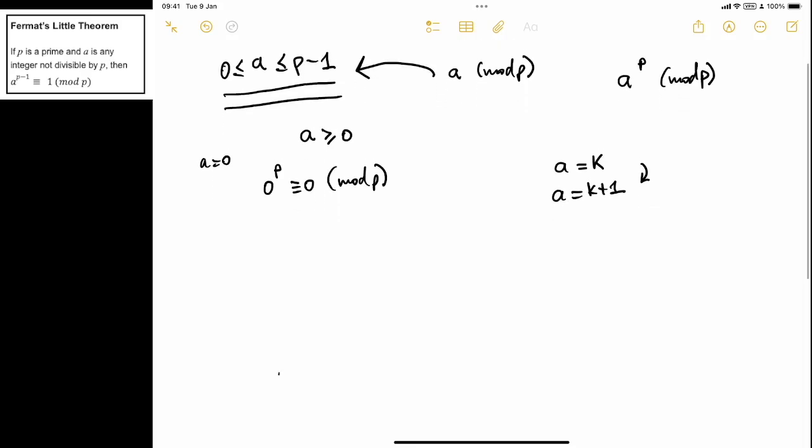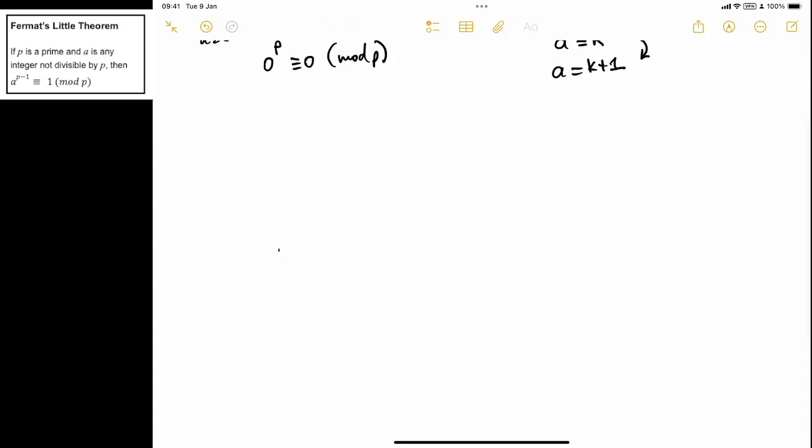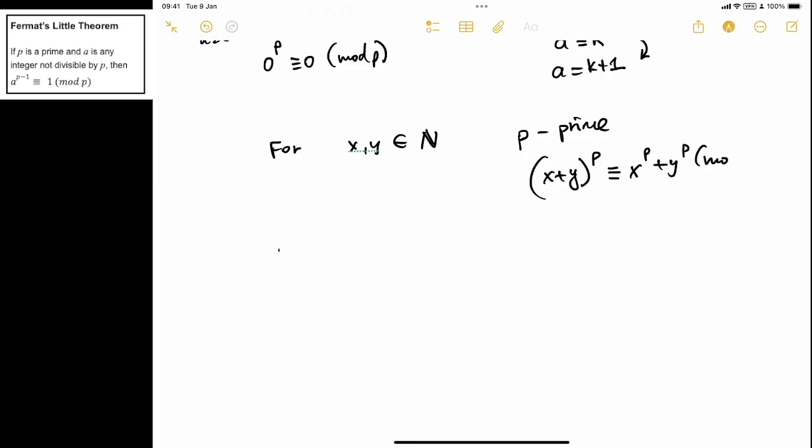As part of this proof, we will also use a lemma, which we will prove later: for any integers x and y, and for any prime p, x plus y to the power of p equals x to the power of p plus y to the power of p modulo p.